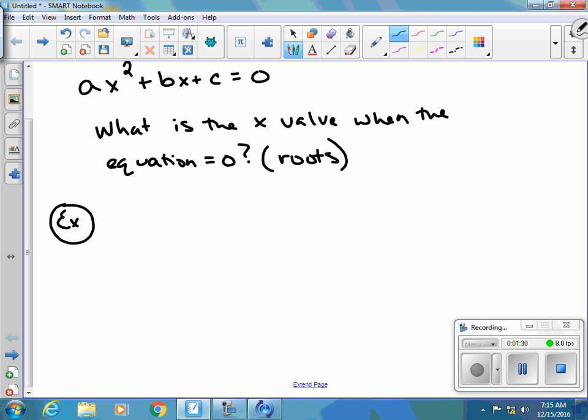With this process, you are going to have x squared plus some value here, we'll go with 14x plus c. So this is a value that we need to make it a perfect square.